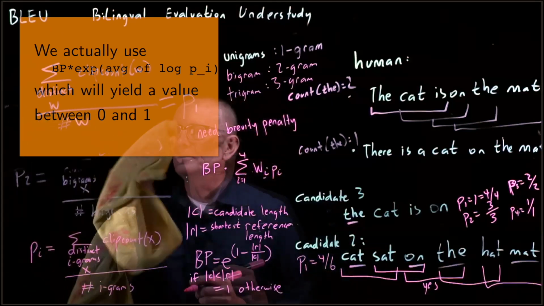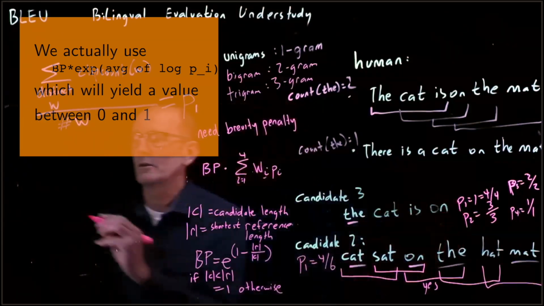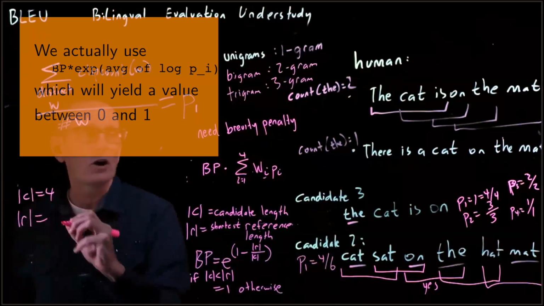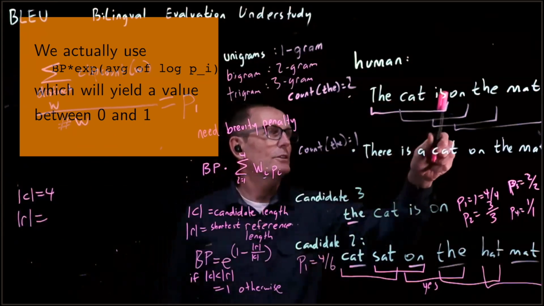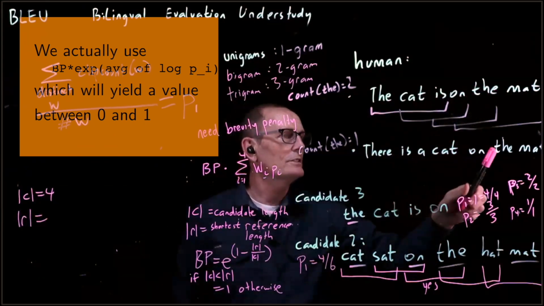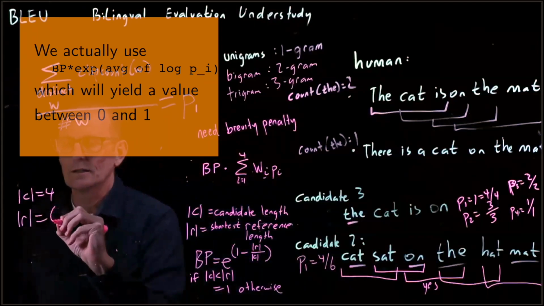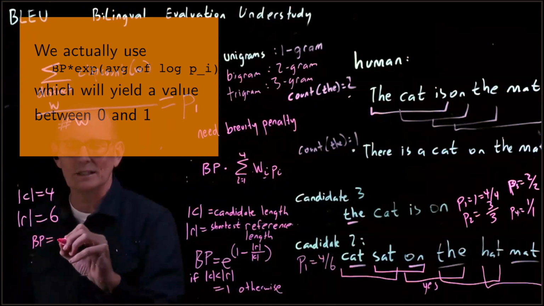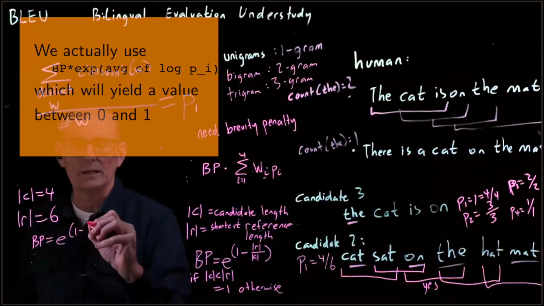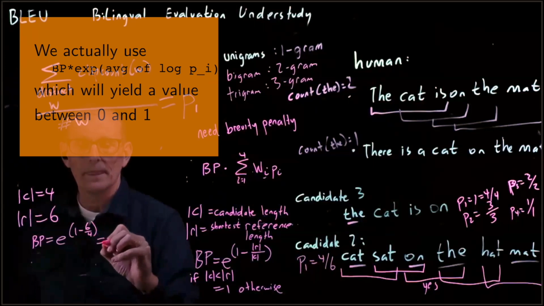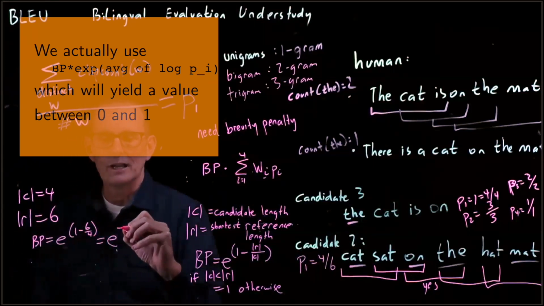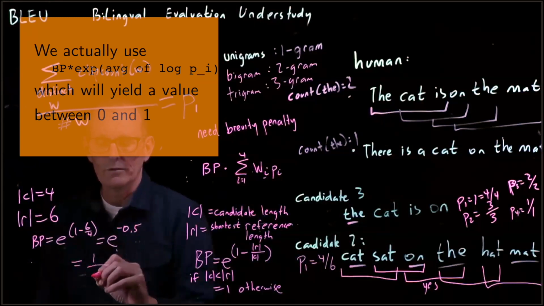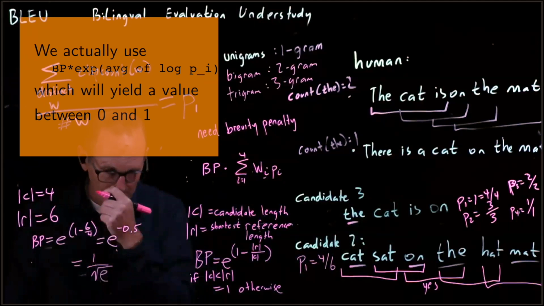Let's look at an example. Let's look at this example. The size of C equals 4. The size of R equals 1, 2, 3, 4, 5, 6. So 6. Therefore, the brevity penalty is going to be e to the 1 minus 6/4, which equals e to the negative 0.5, which equals 1 over root e.